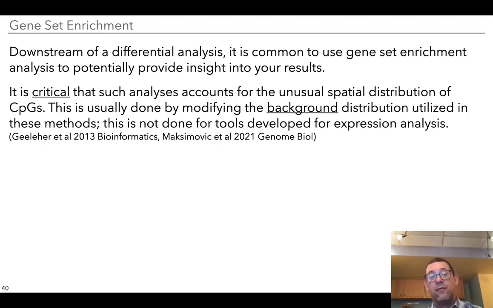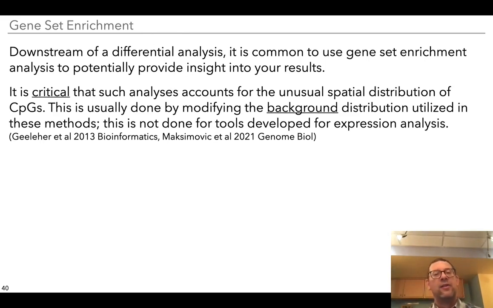Finally, after differential analysis, many people are interested in doing some type of gene set enrichment analysis or gene ontology analysis to potentially provide some insight into the result. It's well understood that it is critical, when you do such analysis, to account for the unusual spatial distribution of CpGs. This is usually done by modifying the background distribution utilized in these gene set enrichment methods.